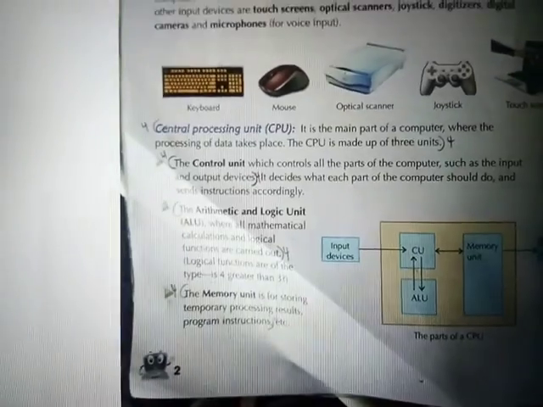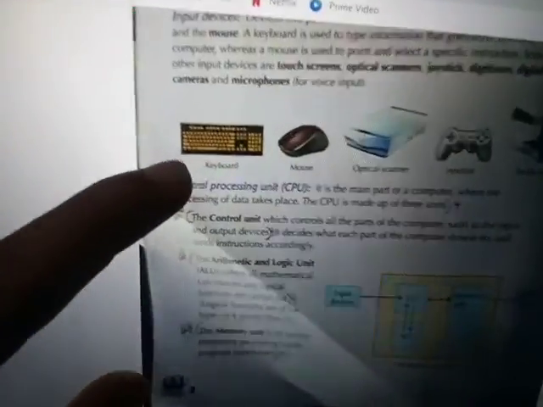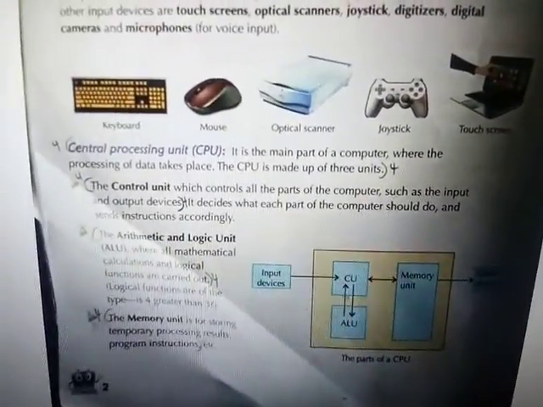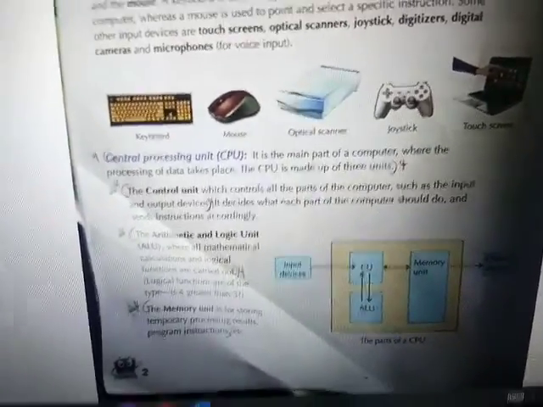After input devices, are there other hardware devices? Yes, that is the CPU. Wait, I'll show you clearly. CPU is nothing but the central processing unit. It is also a hardware device because you can touch the CPU, right?